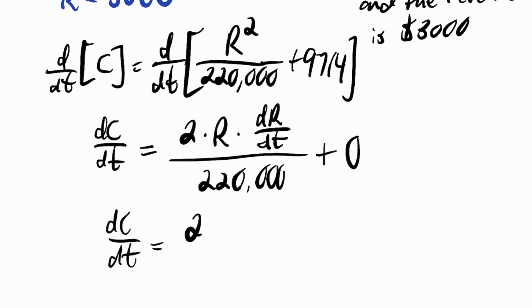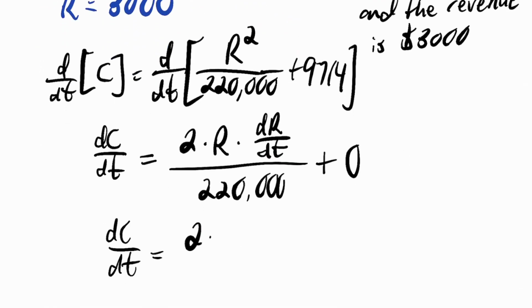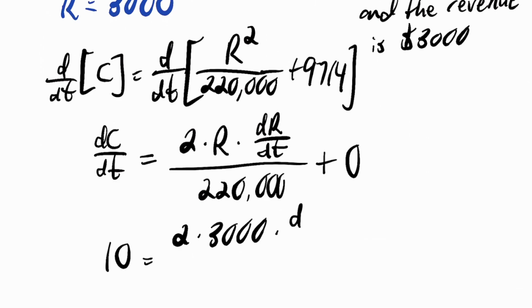So 10 equals 2 times 3,000 times dr/dt over 220,000.